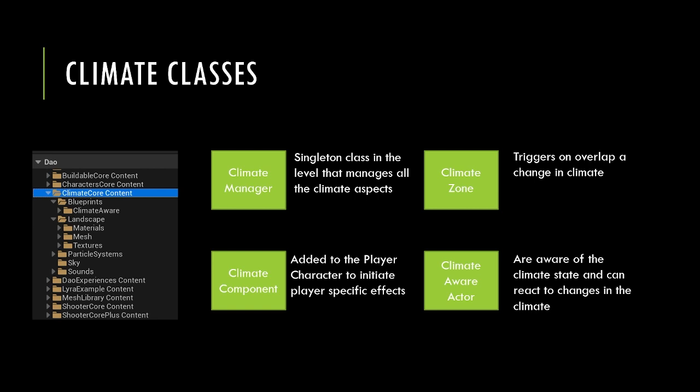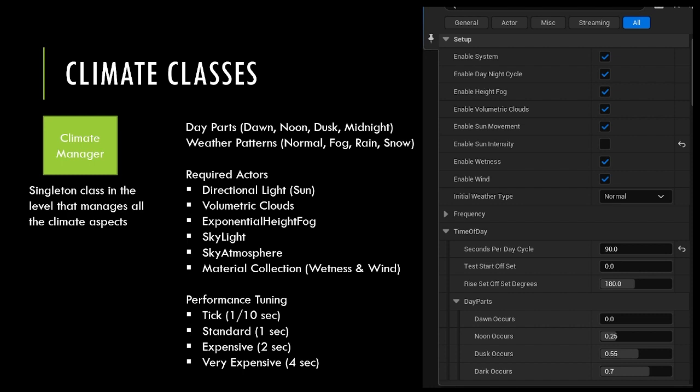So let's go to the main class, the Climate Manager. The Climate Manager is set up with 2 primary components. The day parts, which I've got set up as 4 different parts. They trigger at dawn, noon, dusk, and then midnight.